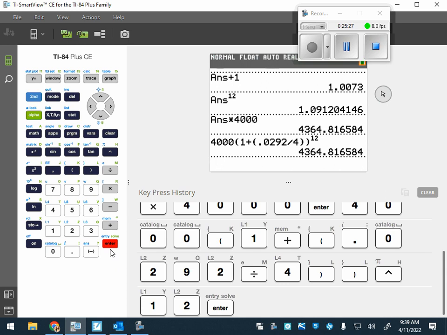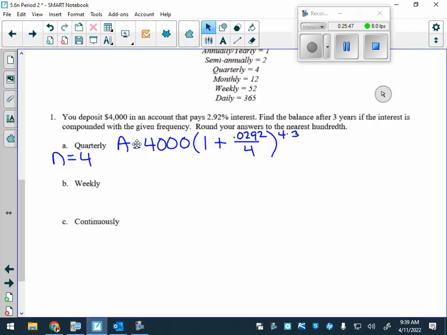If you do not have parentheses around this, what it would do is take 1 plus 0.0292 and divide that by 4, which is incorrect. So either way is fine as long as you get the correct answer. So what is going to change about this equation if we went to weekly? Grant?